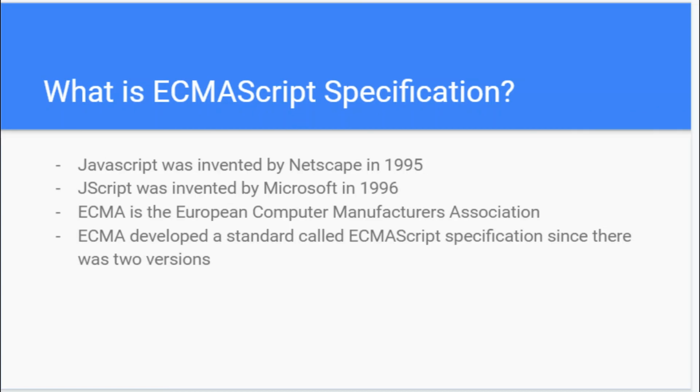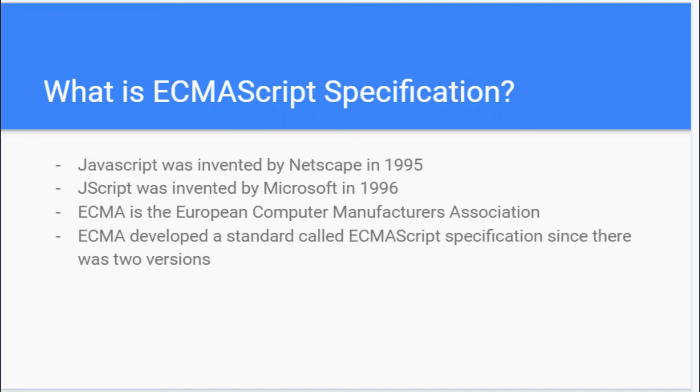Let's talk about the history of JavaScript. JavaScript was invented by Netscape in 1995 and released as a part of the Netscape Navigator web browser in early 1996. Then, in that same year, 1996, Microsoft developed a similar language called JScript and released it with Internet Explorer.